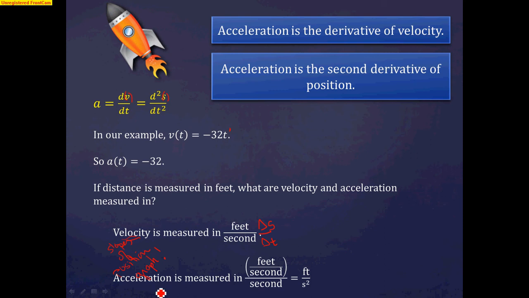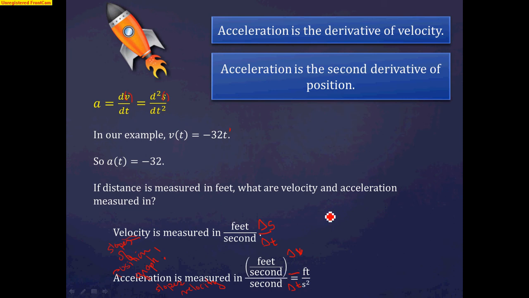Acceleration is the slopes on the graph of velocity. And the slopes would be, again, change in velocity compared to change in time. The units on velocity are feet per second, so the change in velocity is feet per second compared to time.